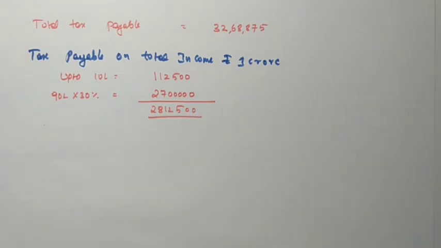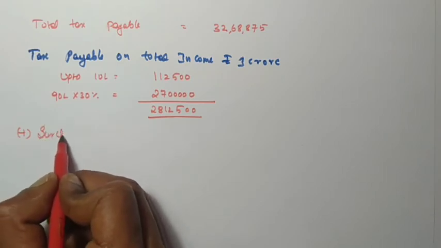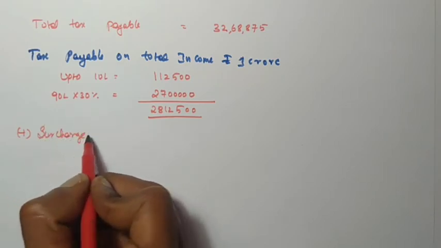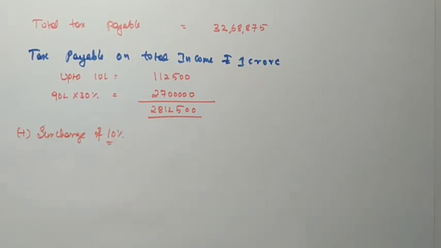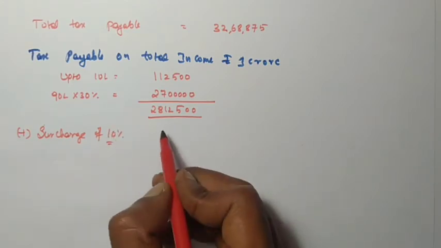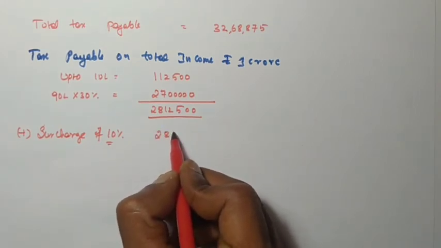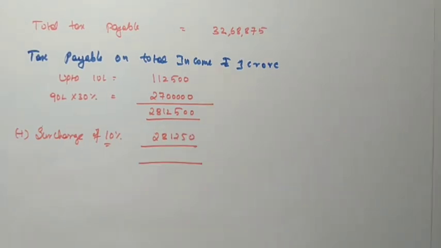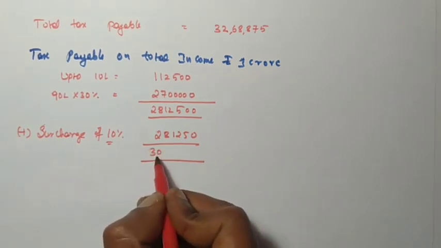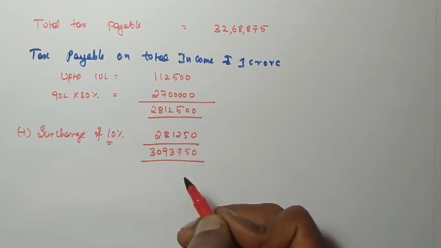On this amount we should add surcharge of 10%, because up to 1 crore 10% is surcharge. 2,81,250. So total tax payable is 30,93,750.